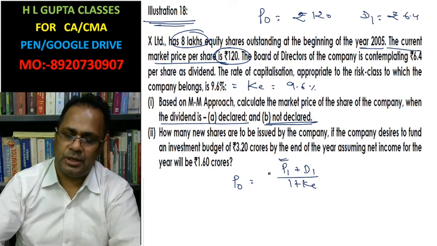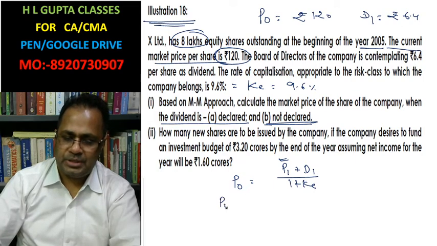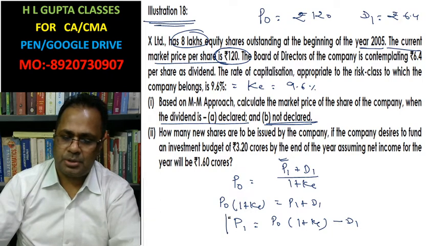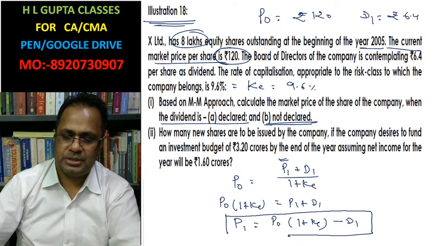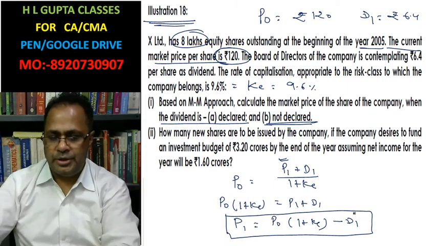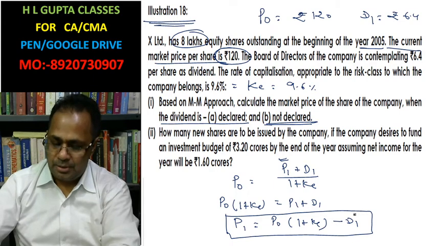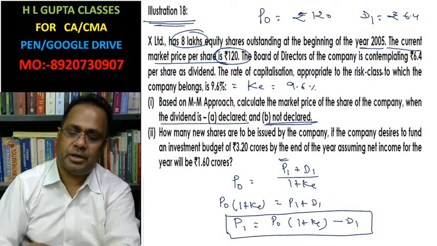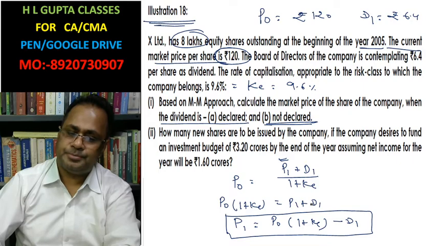When dividend is not declared, D1 will be 0.